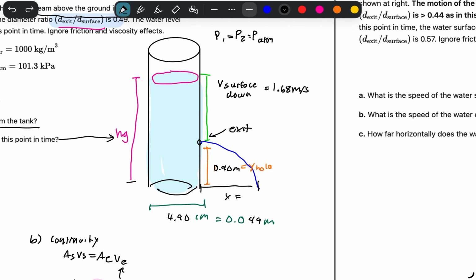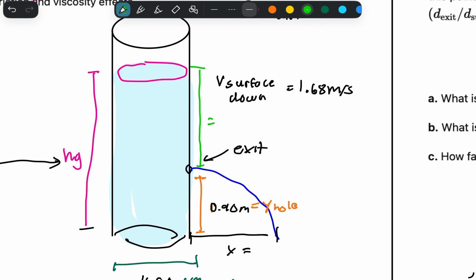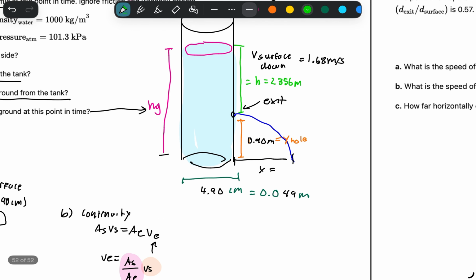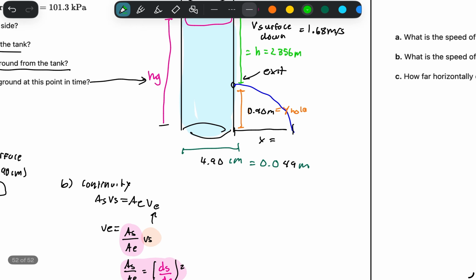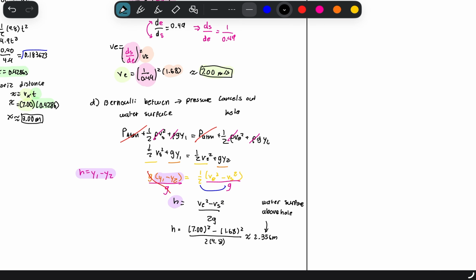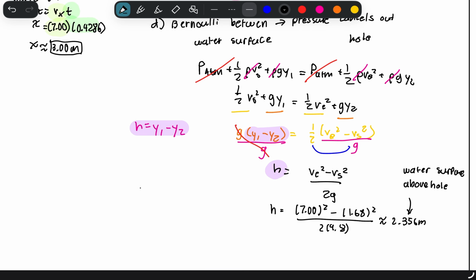Yes, it was. So this h is going to be equal to 2.356 meters. So in order to find hg, we have to just add those together. So our height g is equal to h plus 0.90, which is 3.256 m for our height above the ground.